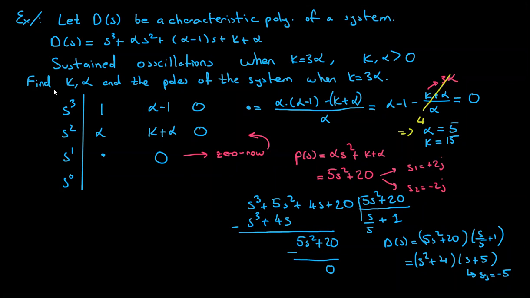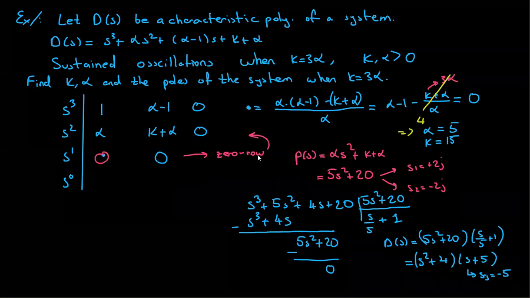But as an exercise, let's carry on filling in the Routh array and validate our results as well. So I will continue filling in the Routh array. If we have 0 over here, then at the end, we will replace that 0 with the coefficients of P prime of S, right? So what is P prime of S?